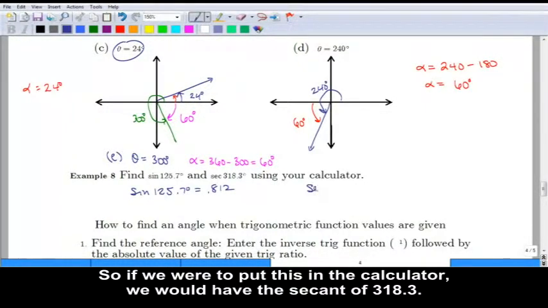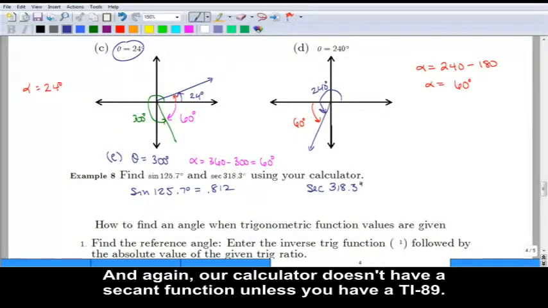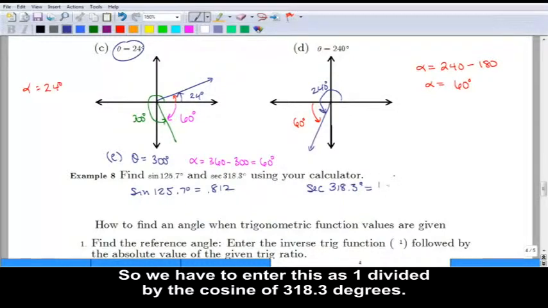So if we were to put this in the calculator, we would have the secant of 318.3. And again, our calculator doesn't have a secant function unless you have a TI-89. So we have to enter this as 1 divided by the cosine of 318.3 degrees.